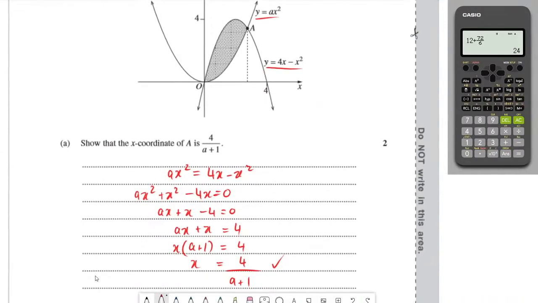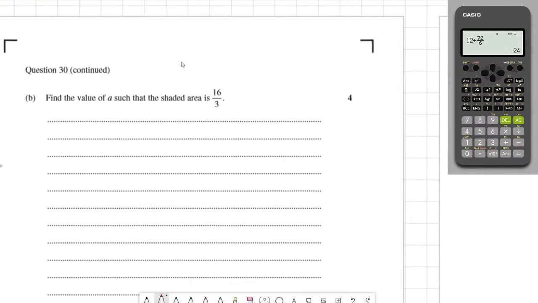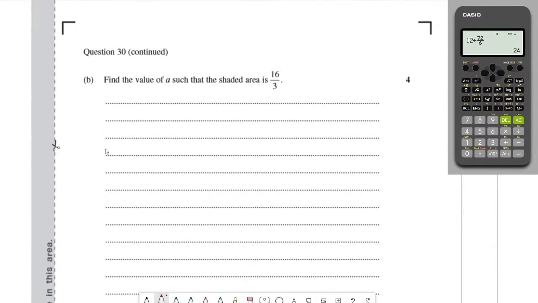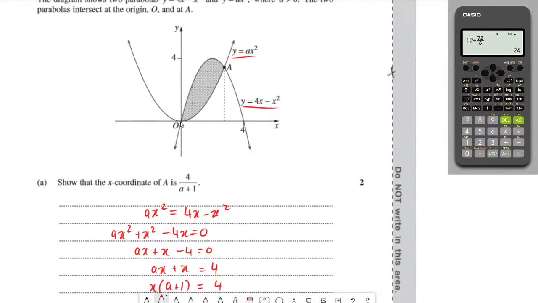Oh, well, that's going to be a bit rough. The shaded area is 16 on 3. Well, we know what the x value is now. This is starting to get to the pretty hairy questions. We want the integral from 0 to this point here, and it's going to be this function minus that function. We're going to be finding the value of a for when that's the case.